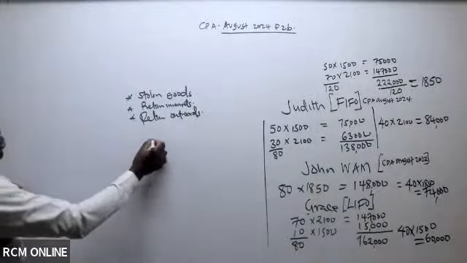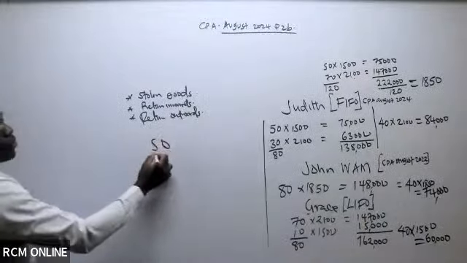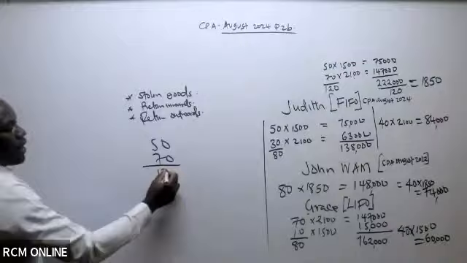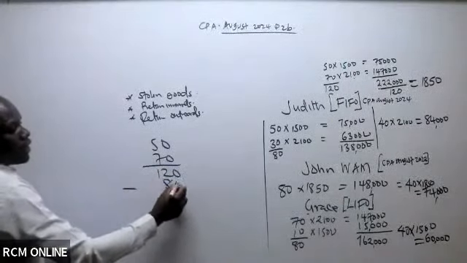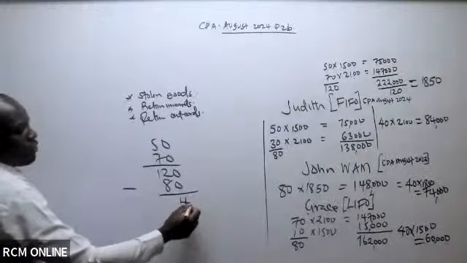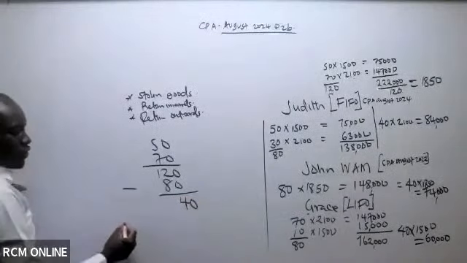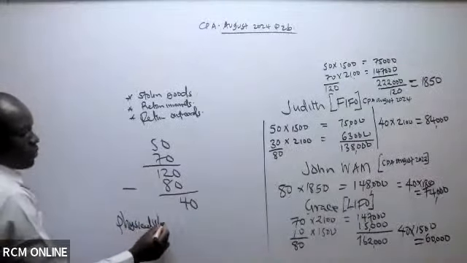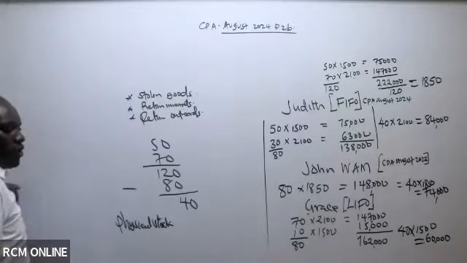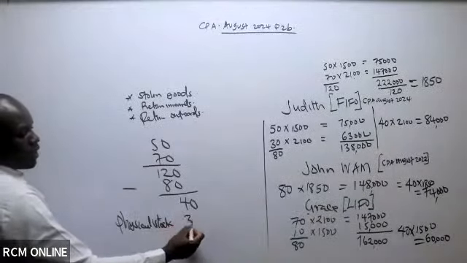If your opening stock was 50 and you brought in 70, you are expecting to have 120, and you only sold 80, you are expecting to have your closing stock of 40 units. But if you go to the store, physical stock, you only find that you have 32.